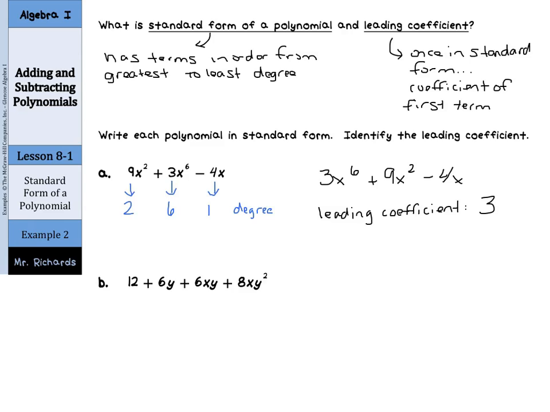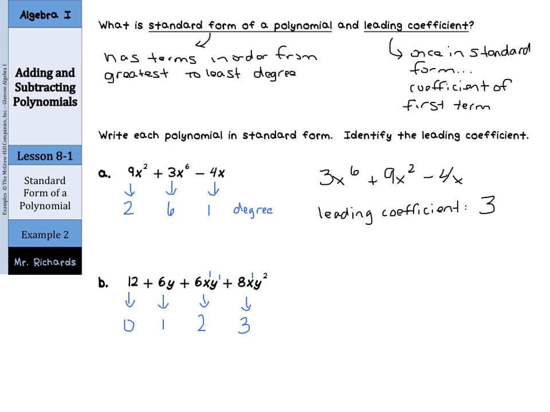What about the next one? 12 plus 6y plus 6xy plus 8xy squared. Well, the 12 is a constant and it has a degree of 0. 6y has a degree of 1. Now, in 6xy, each of these x and y is to the first power, and so you have to add those up to get a second degree. And then again, this x here is to the first power, and 1 plus 2 is third degree.